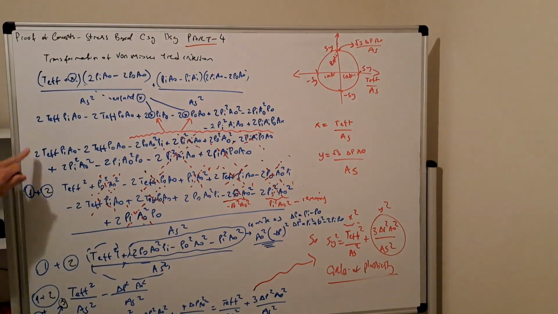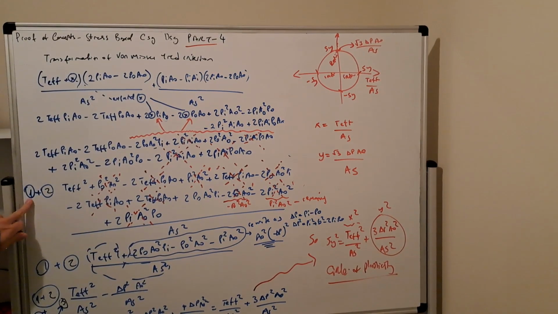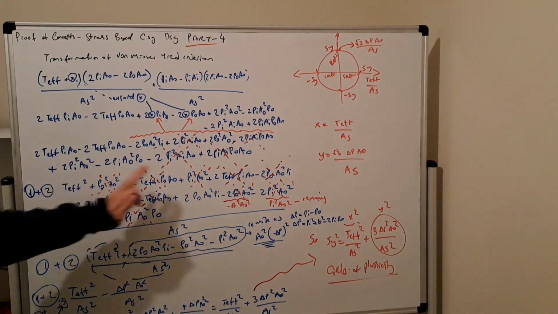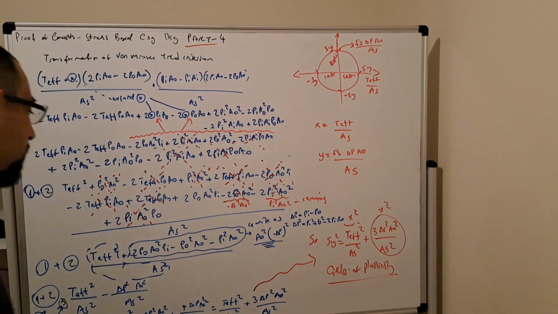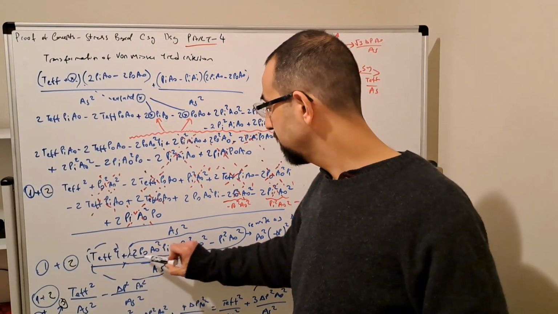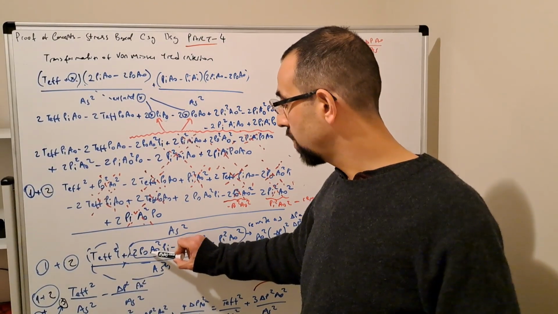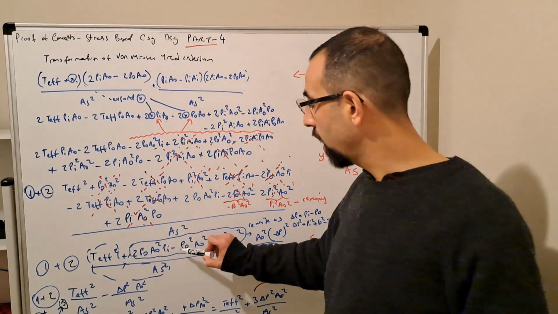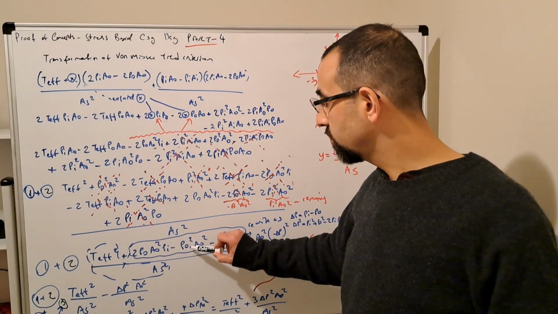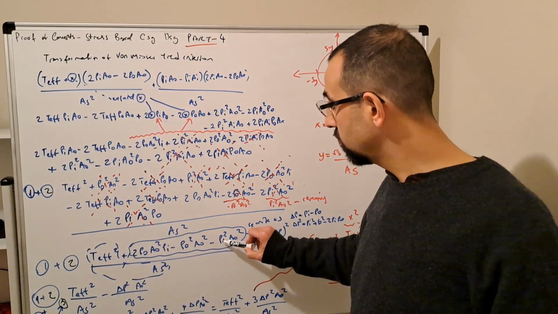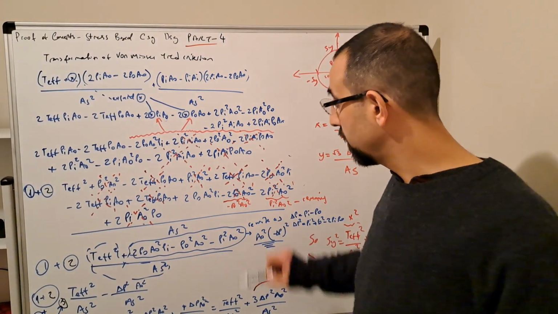Then from the first page, the number 1 item that we expanded and the number 2 item that we expanded, I sum everything together, and what I end up with is the effective tension squared, plus 2 times the outer area squared times the outside pressure times the internal pressure minus the external pressure, minus the external pressure squared times the outer area squared, minus the internal pressure squared times the outer area squared.